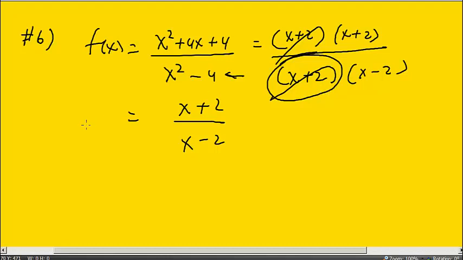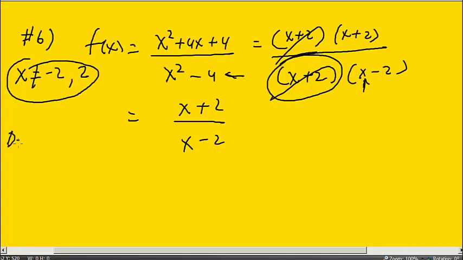So I have a restriction, x cannot equal negative 2. Well, x also cannot equal positive 2 because I will turn the bottom into 0. So this is my domain right there. I'm going to write that out. Domain is equal to the set of x's such that x is an element of all reals, and x is not equal to plus or minus 2.